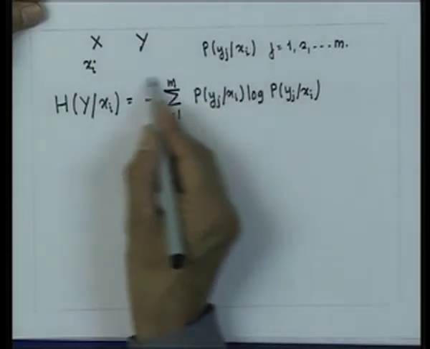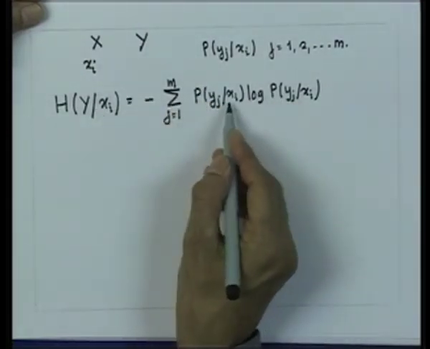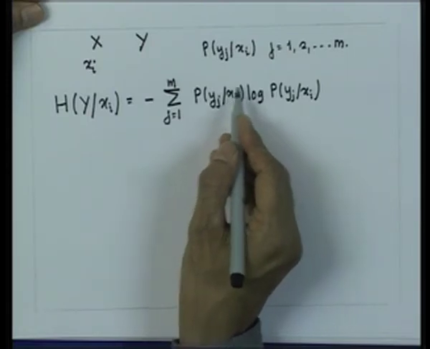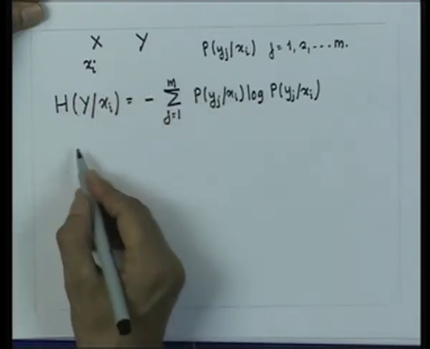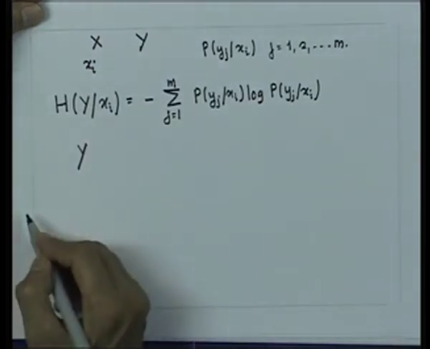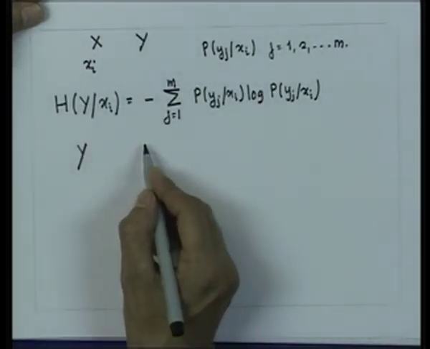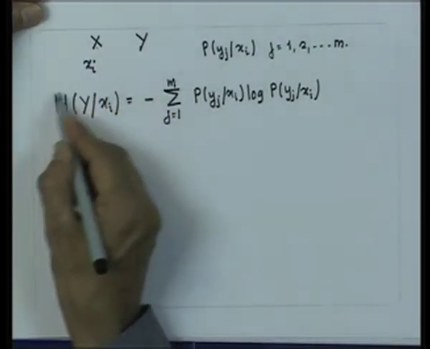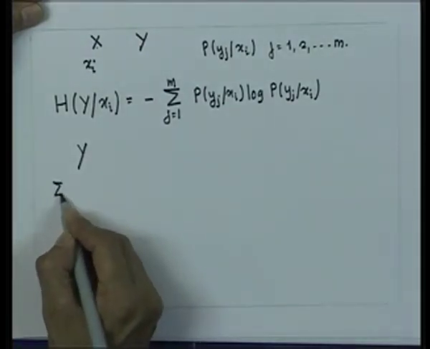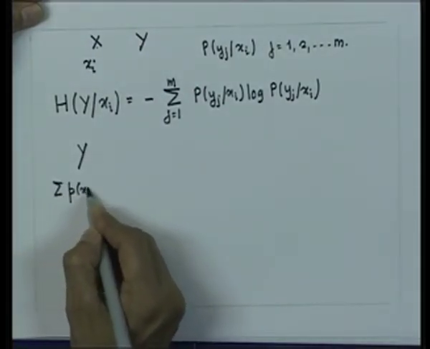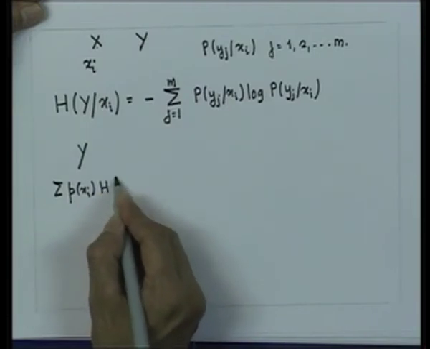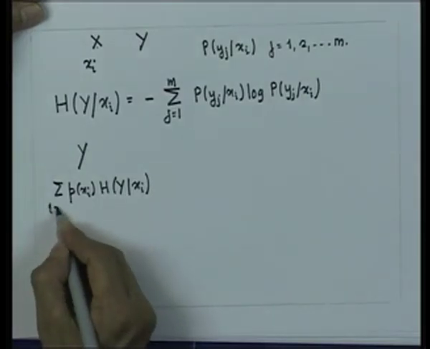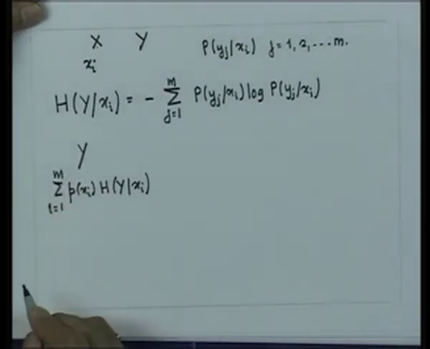Now, by averaging this quantity over all xi, what I will get is the average amount of information of y given foreknowledge of x. That is very simple. What I have to do is take the average of this quantity, which is nothing but p of xi times H of y given xi, summed over i equal to 1 to n.